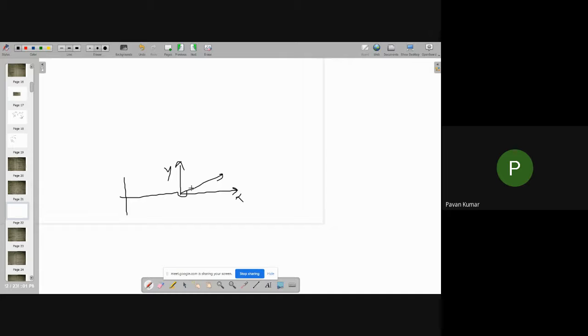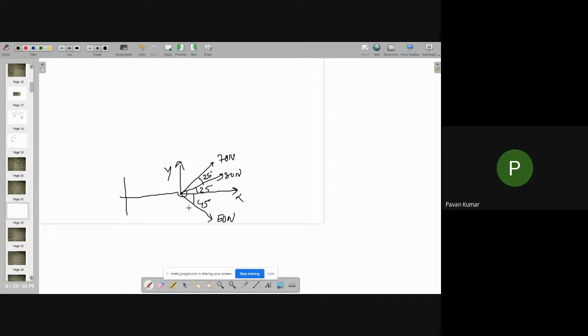There are two forces, one is 80 Newton and one is 70 Newton. 80 Newton making an angle 25 degree, 70 Newton making an angle 25 degree with the 80 Newton. There is another force 50 Newton, which is downwards, making an angle 45. So now I will show how to resolve these three forces and make them into a single force.